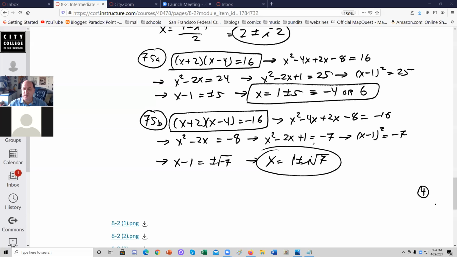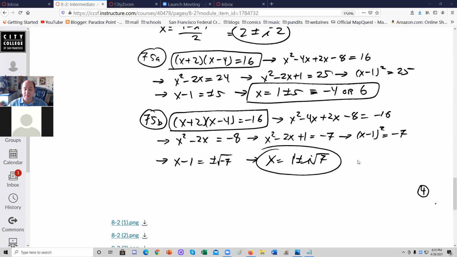The left side is the square of x minus 1 equals negative 7. Take a square root. x minus 1 is plus or minus root negative 7. Okay, root negative 7 means i root 7. Add 1 to both sides, and you get x equals 1 plus or minus i times the square root of 7.